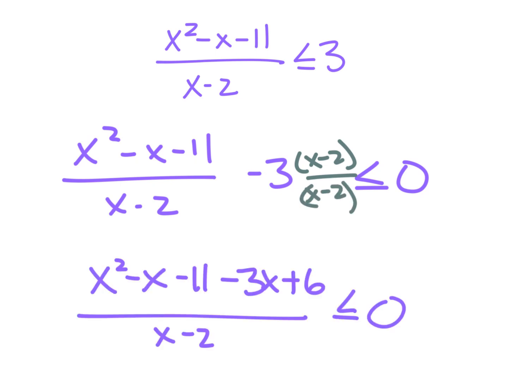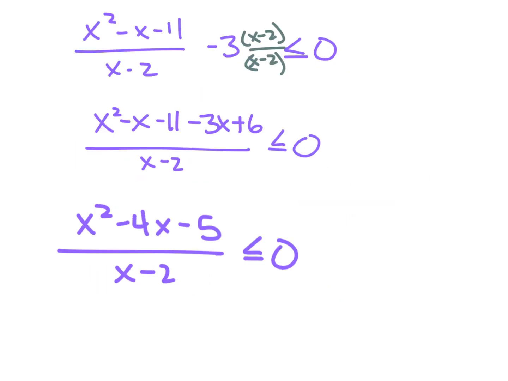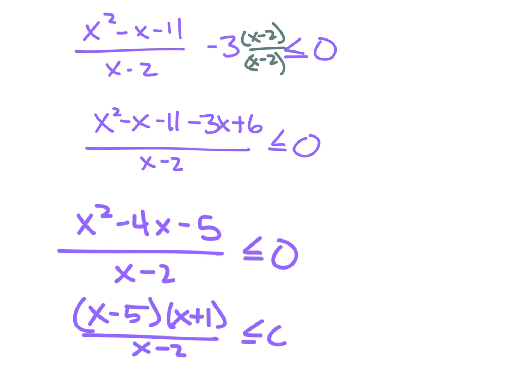And that gives me x squared minus x minus 11 minus 3x, and notice it's plus 6 because that was a negative times negative. After we simplify, we get x squared minus 4x minus 5 over x minus 2. And that's nice because the numerator factors to x minus 5, x plus 1, all over x minus 2 is less than or equal to 0.